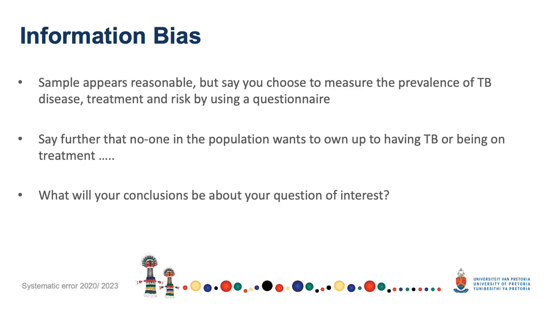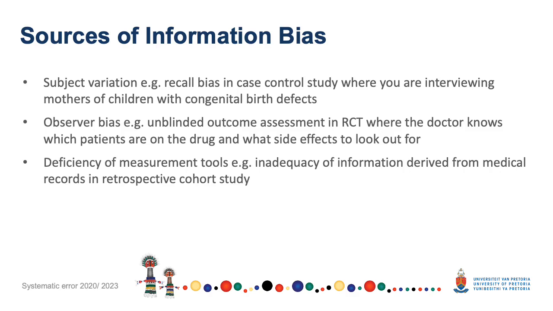Obviously, then you're going to get the wrong information, misinformation from the people in this sample. The more sensitive the questions, the more likely it is that you might get incorrect information from your respondents. Here are some more hypothetical examples where you might get incorrect information from an unbiased sample.